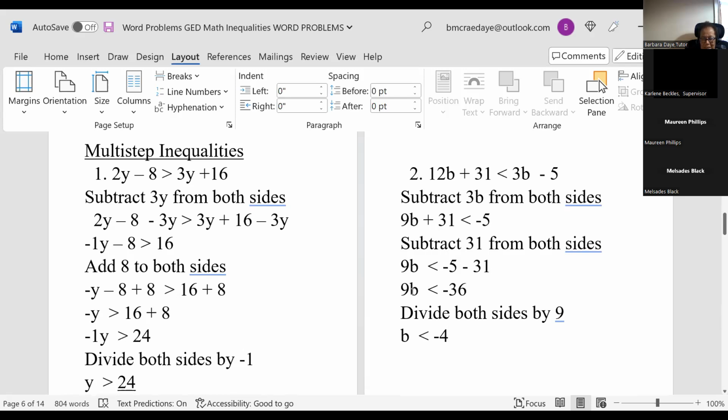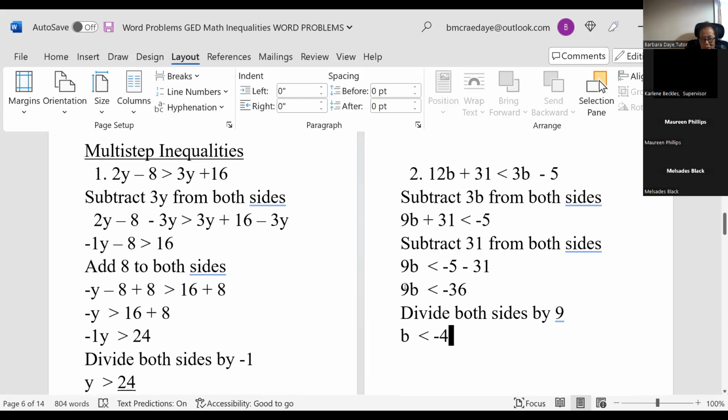Wait a minute. You said subtract 31 from both sides. So now you have a -5 and a -31. That's subtraction, yes. So it'd be 36. -5 and a -31 gives you a -36. Got it? Then you divide.